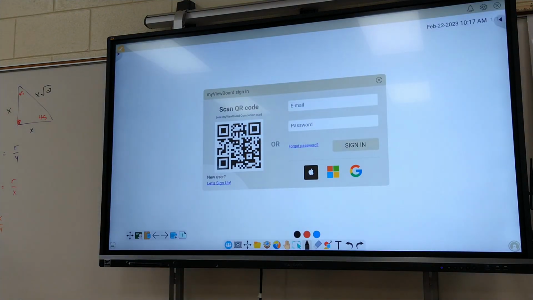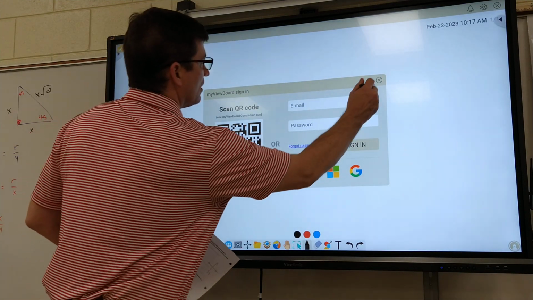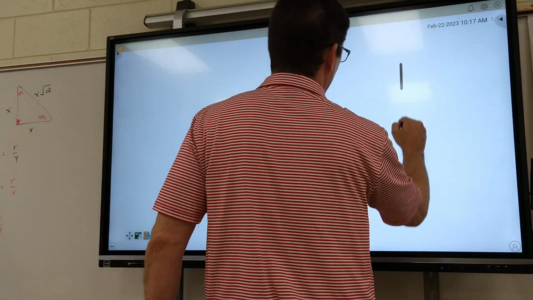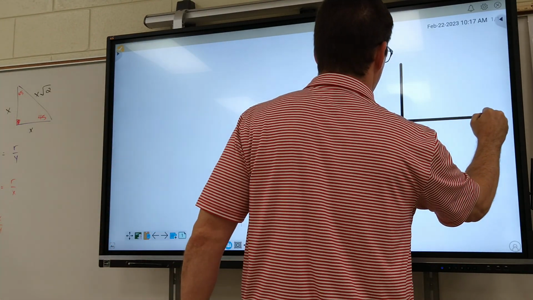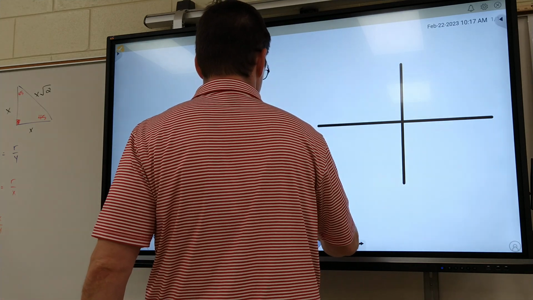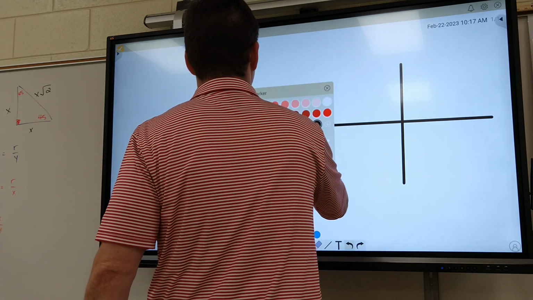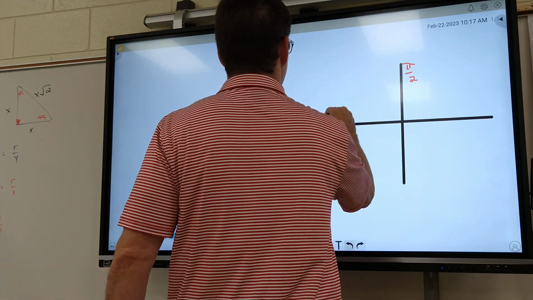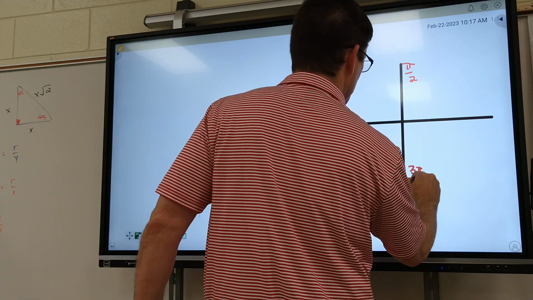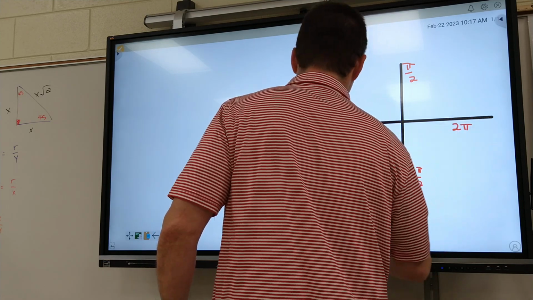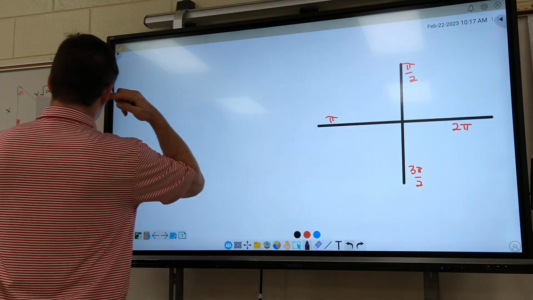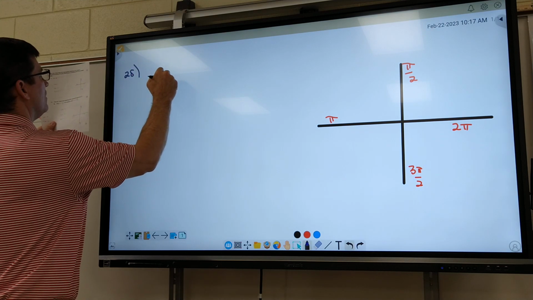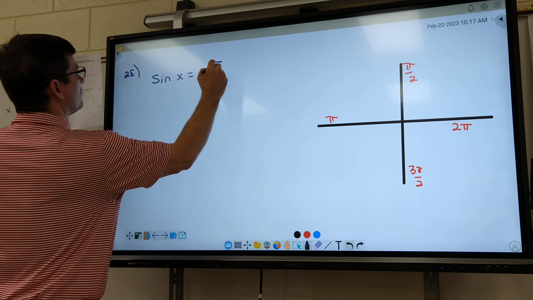All right, so now let's go to 28. All right, 27, you don't have to draw the triangle. 28, you absolutely have to draw the triangle. No way around. All right, so this is pi over 2. This is pi. 3 pi over 2. 2 pi. 28, they got sine of x is negative 5 over 12.